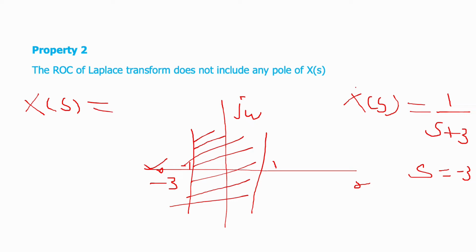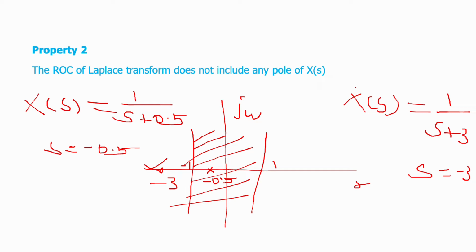is equal to 1 divided by s plus 0.5, what answer will you get? s is equal to minus 0.5, this is the pole. So what will happen?